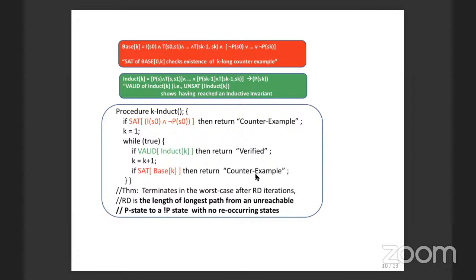There was one other point that I mentioned as well: this is incomplete. Why is it incomplete? If it terminates, then it successfully either finds a counterexample or completes the model checking. But there are reasons why it may not terminate.